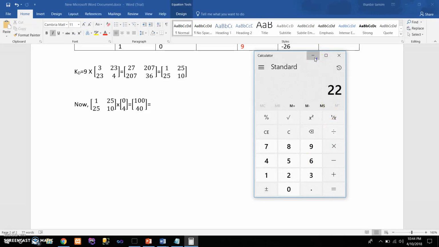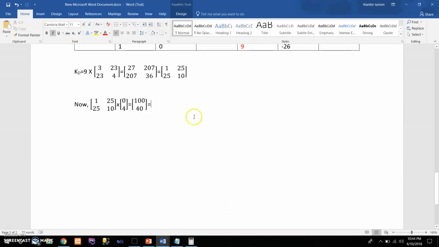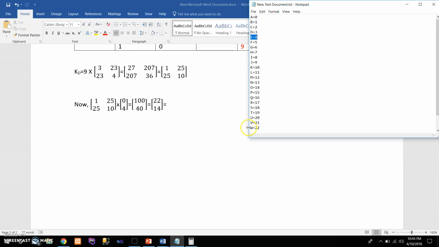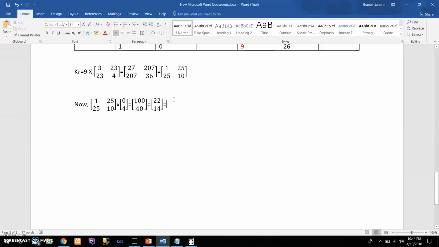So we can write 22 for 140. We write here 22 and 14. And the value of 22 and 14 is set: the value of 22 is W and 14 is O. So we can write W and O. This is our first portion of the plain text.